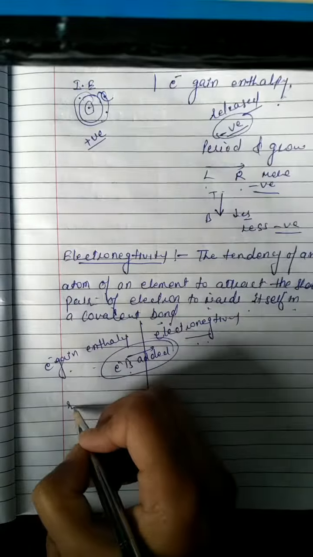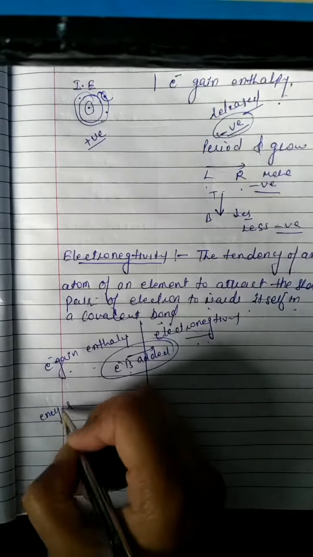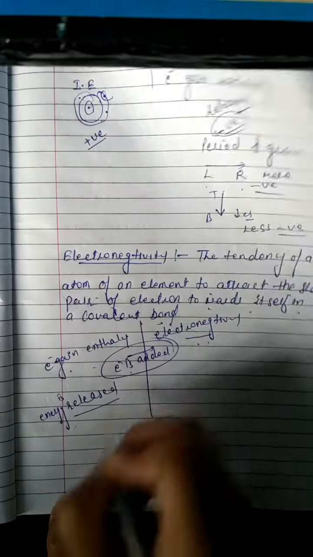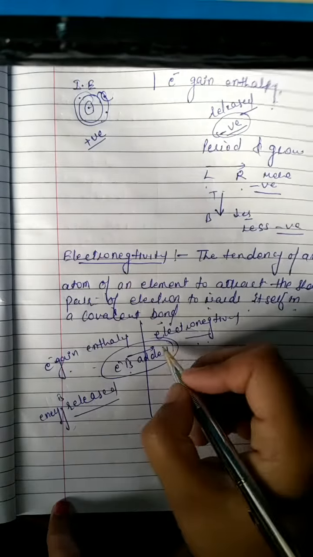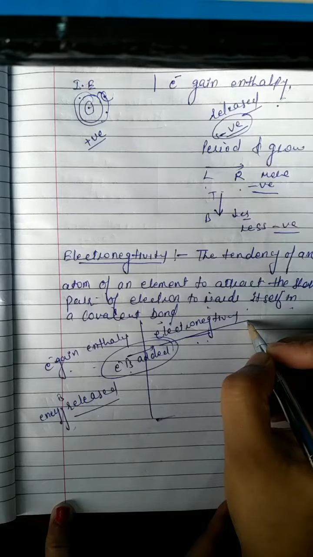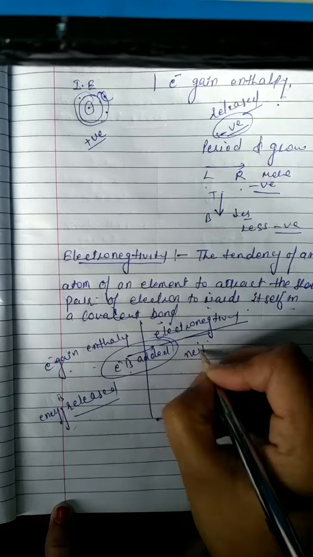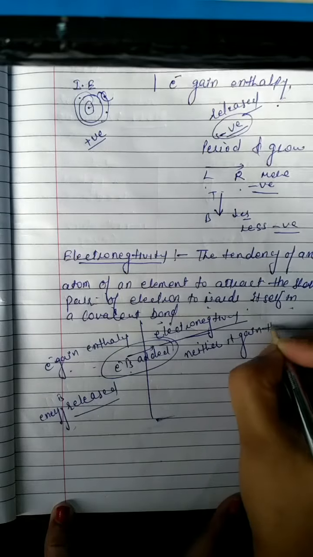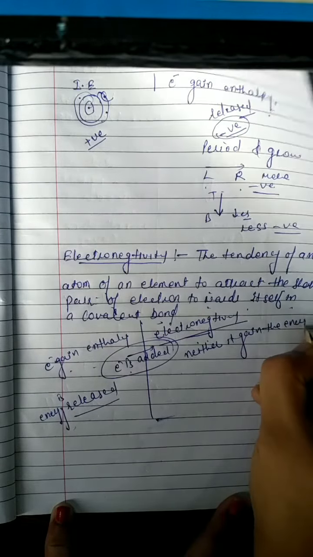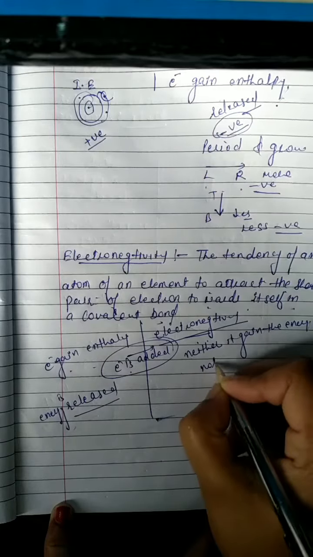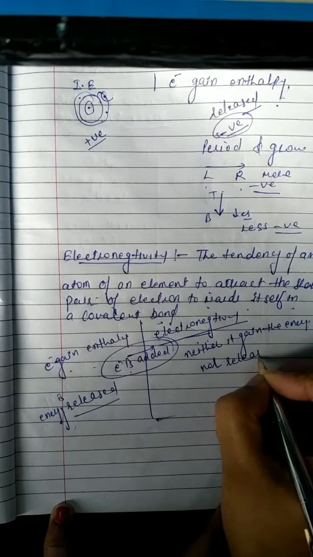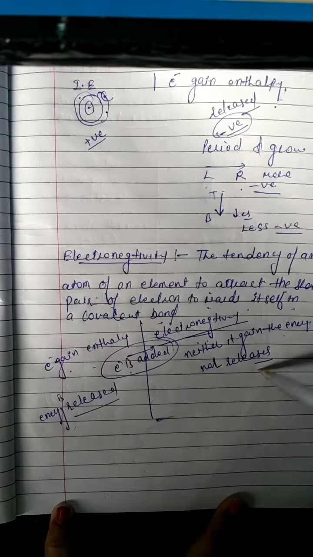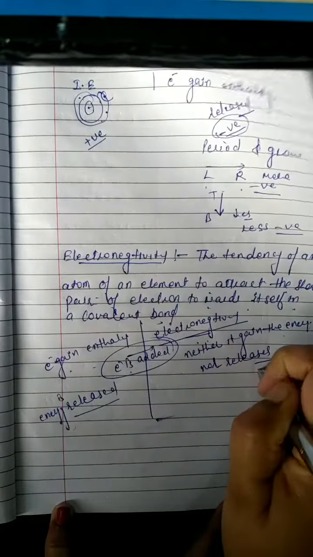In electron gain enthalpy, energy is released. But in the case of electronegativity, neither does it gain the energy nor does it release the energy.